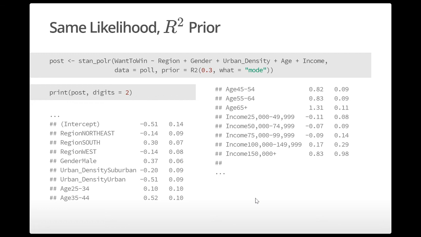So you can do essentially the same model, but stan_polr supports the R-squared prior. This is a little bit different from what we were doing the other day on Tuesday, because you're basically saying what percentage of the variation in utility do you think can be explained by a model like this?